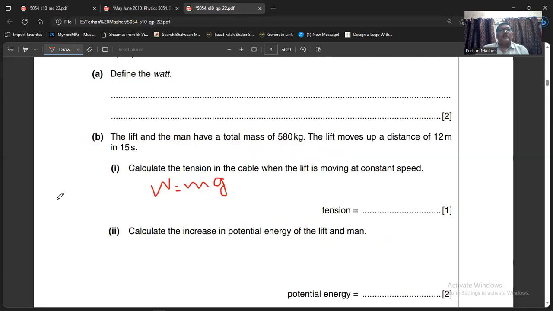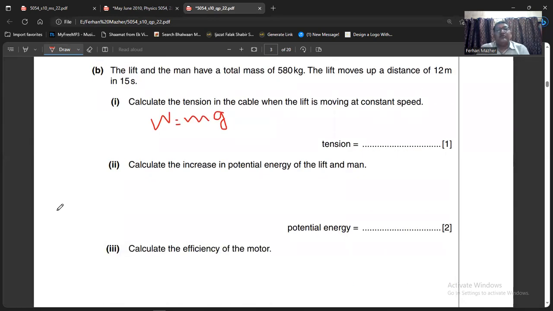Okay, the second part, question number 2b: calculate the increase in the potential energy of the lift and the man. The formula for gravitational potential energy is mgh, where m means the mass, g means the gravitational field strength, and h means the height you have moved upward.